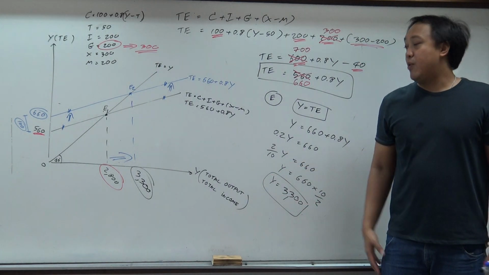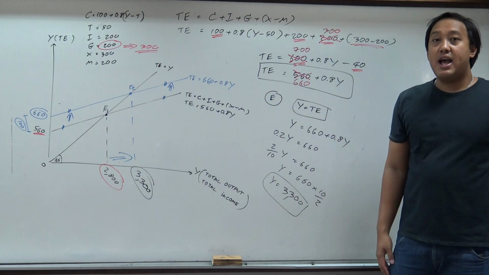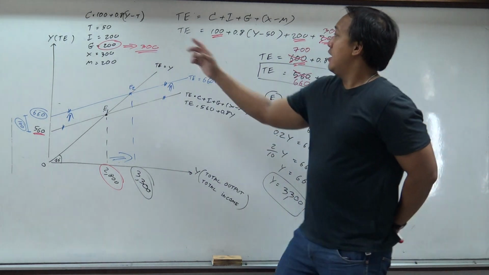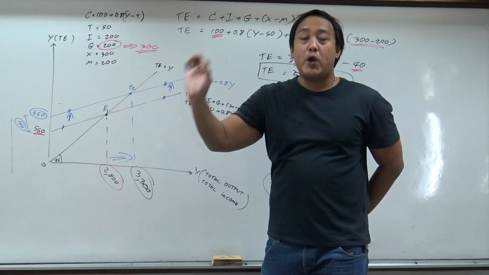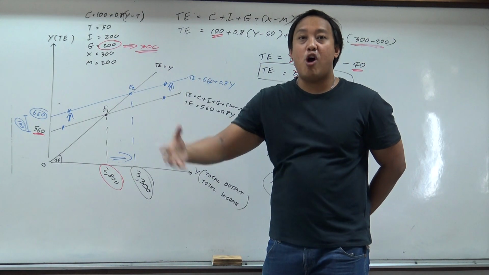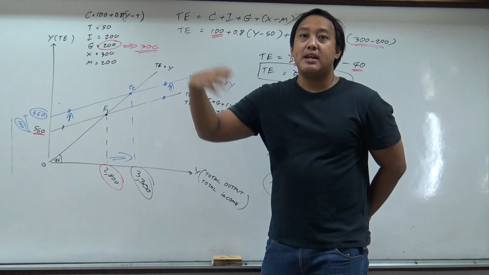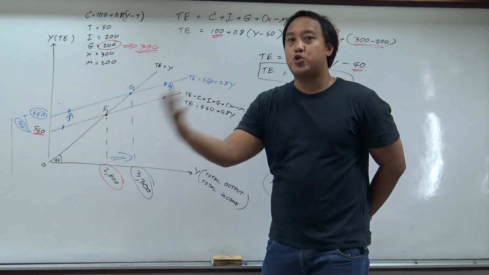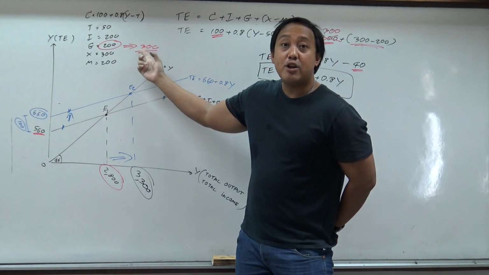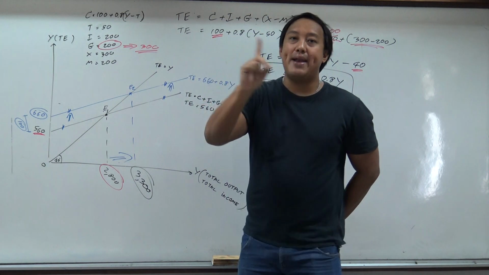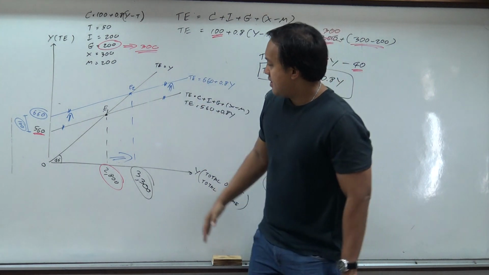What can we learn from here? What is the meaning of this? As you can see, the government increases their spending to stimulate the economy. They spend more, from 200 to 300, just 100 more.